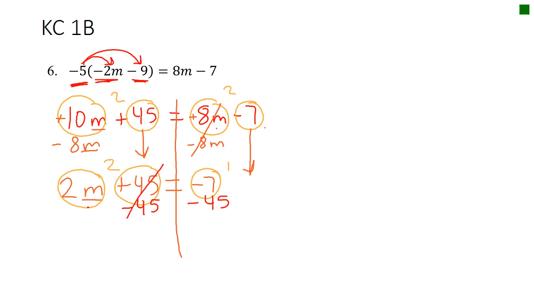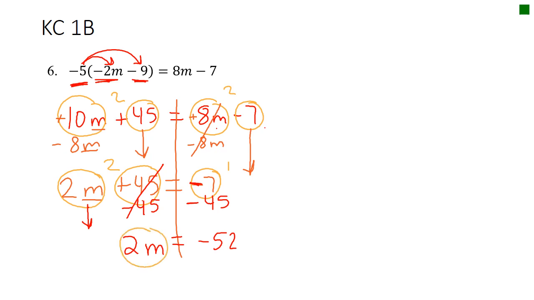45 minus 45 cancels out. 2m drops down. I didn't do anything to that m. 2m, sorry. So it stays the same. Negative 7 minus 45 gives me negative 52. And again, I'm just using the symbols of the numbers. So it's negative 7 minus 45. Okay, and then after that, again, I have one term on one side, right?